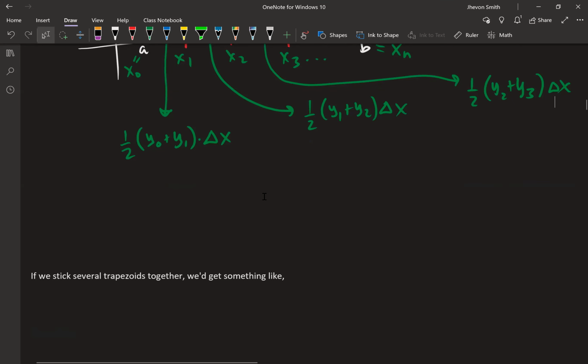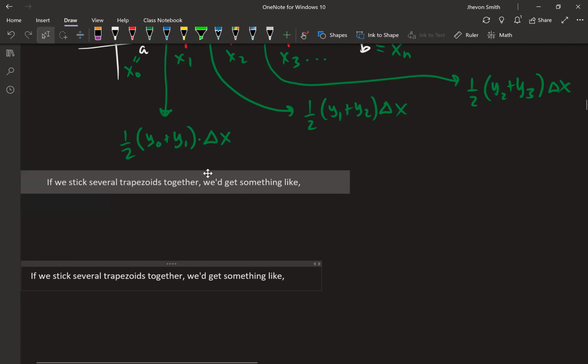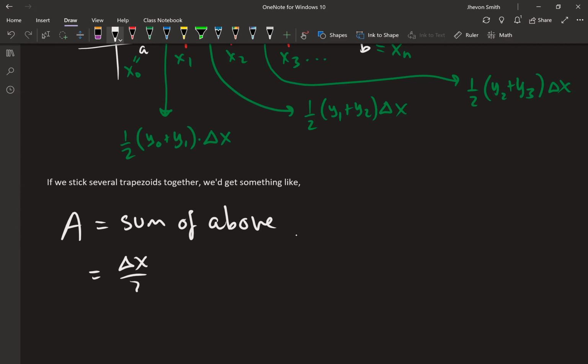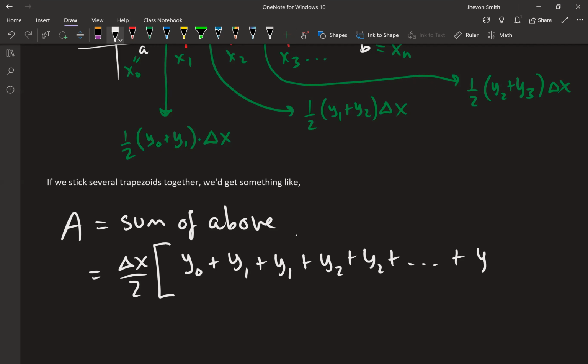Now, when you stick a bunch of trapezoids together and sum them together, the area is going to be the sum of above. So this is going to look like delta x over 2, which is going to be a common term. And then you're going to have y0 plus y1 plus y1 plus y2 plus y2 plus so on, going all the way up to yn.